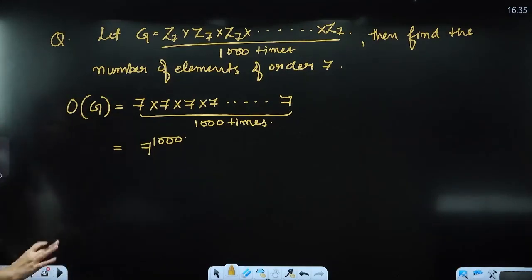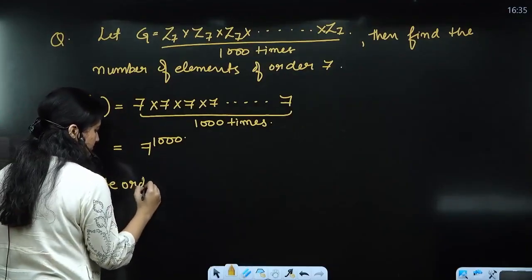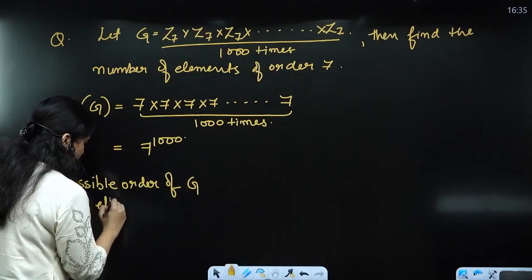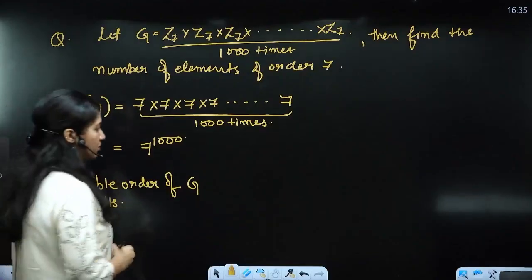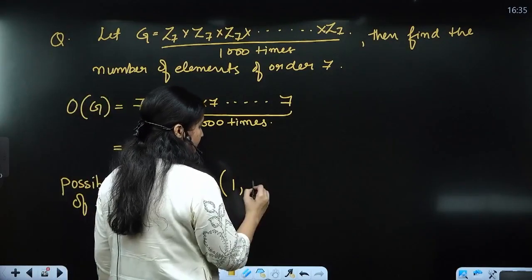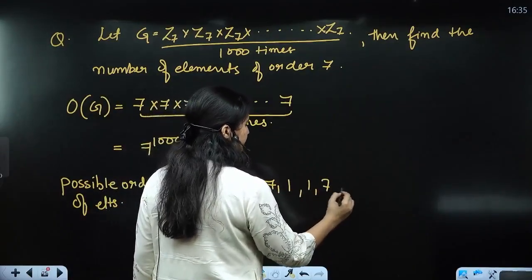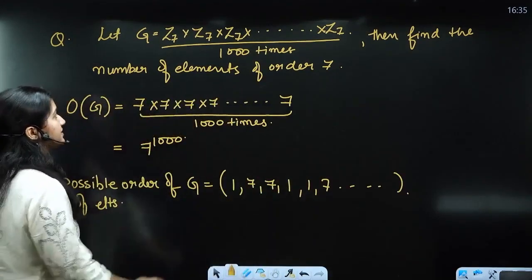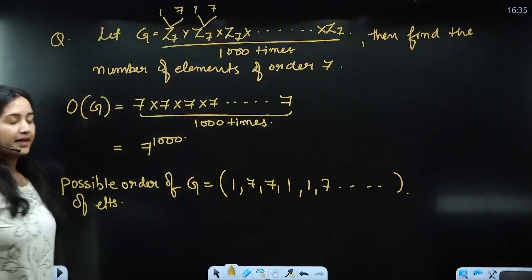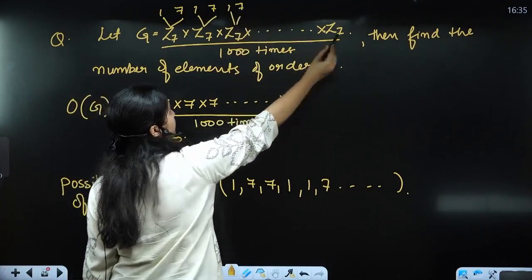Now just understand, what are the possible orders of elements in G? Let's say the first element is of order 1, right? Then the second element is of order 7. So some are 1, 1, 7 and so on, right? Why so? Because in every Z7 there are going to be elements of order 1 and 7 only, right?